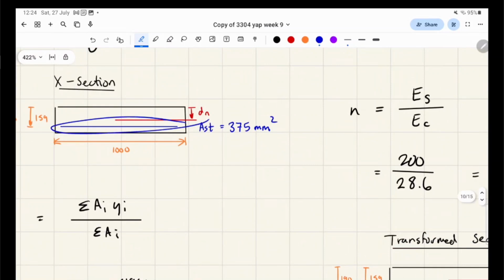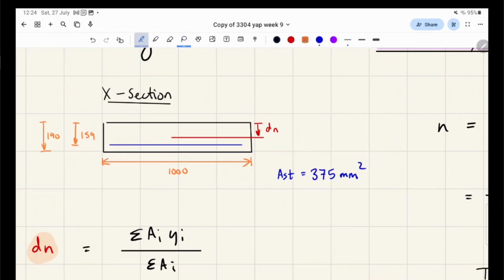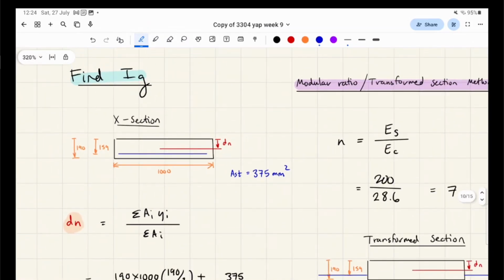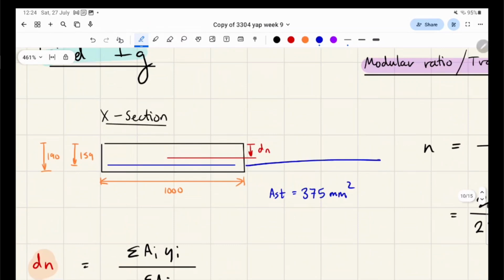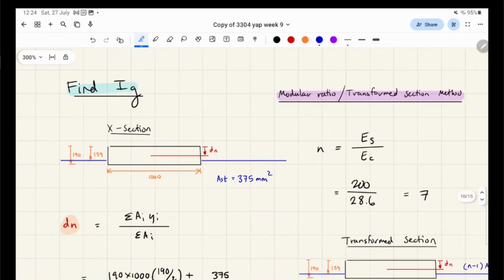We basically have to multiply it by some number as if it was all made out of concrete, so we extend it out to the sides and multiply it by n.